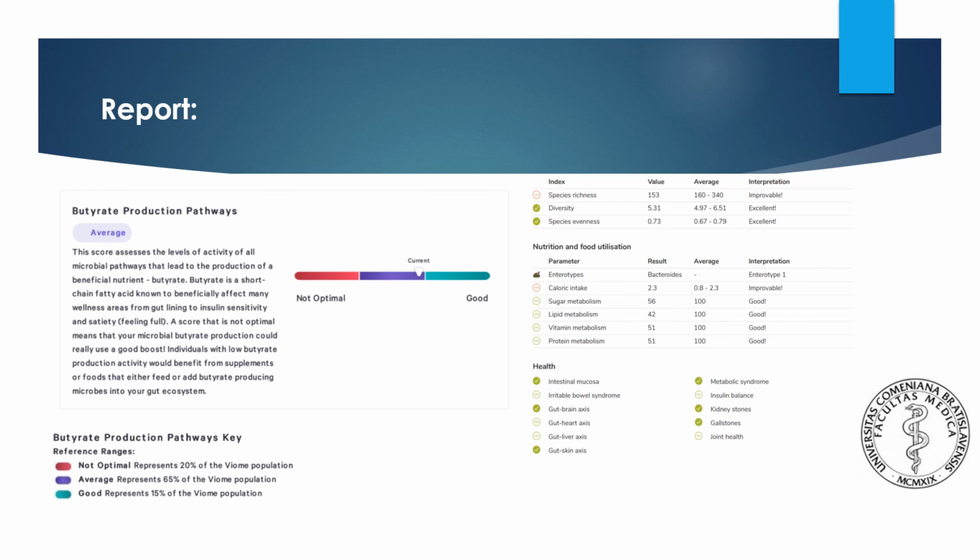For example, you can see the so-called body axis. We all know that the human microbiome is directly linked to our brain, heart, liver, skin. So we are able nowadays to check whether those axes are okay, and we can take some measures to improve them. But of course, there is a lot to be studied in this field, and there are going to be more and more scientific breakthroughs.